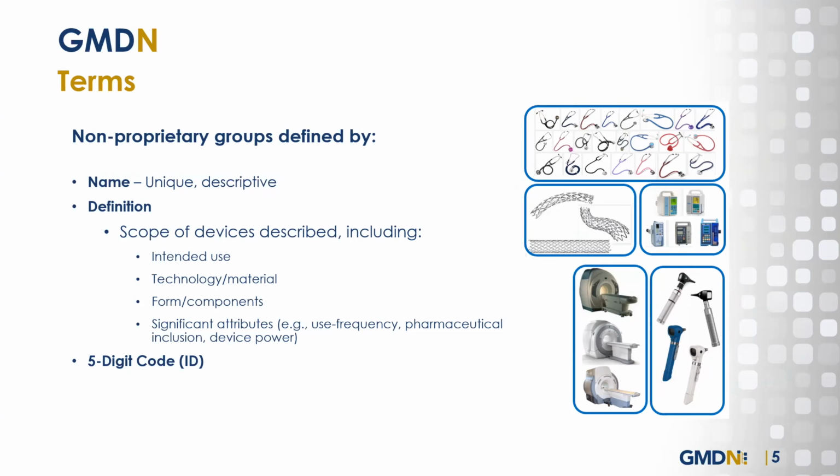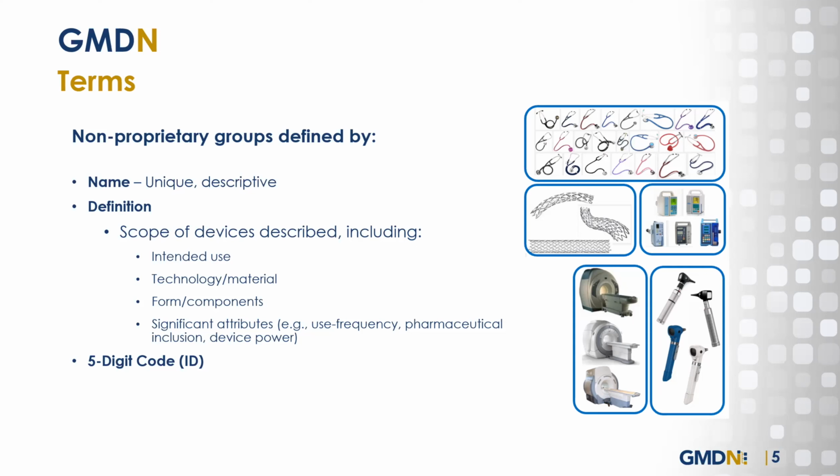And then it also lists a series of other attributes which are significant for grouping devices by type: technology, materials, form or components, and then a series of clinically significant attributes. For example, if it's implantable or not, if it has pharmaceuticals in it or not, that is, if it's a combination product or not.